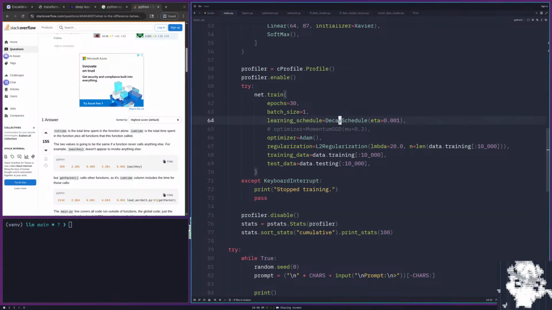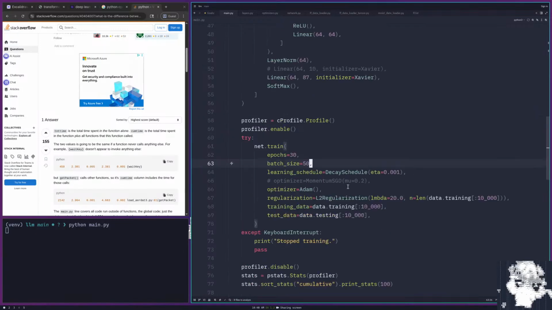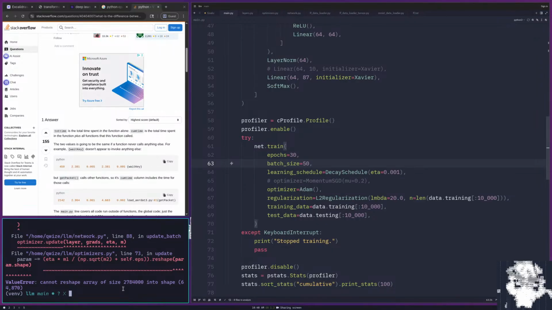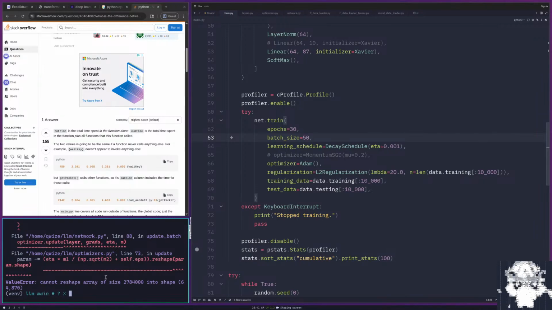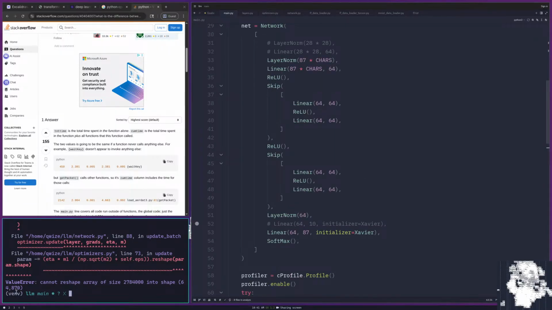I'm going to make the batch size back to 50, so that it's more similar to what it was before. Oh. There's not supposed to be an 870. So something is not working.